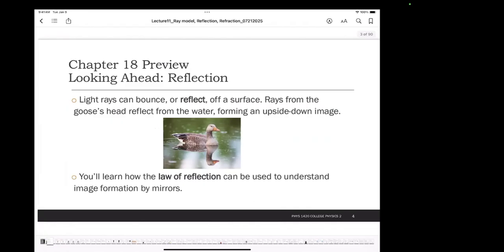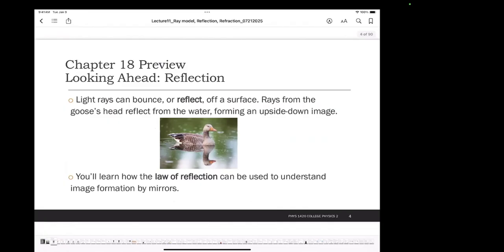Okay, let's continue with a preview of chapter 18. Firstly, let's talk about reflection. Light rays can bounce or reflect off a surface, like rays from the ghost head.